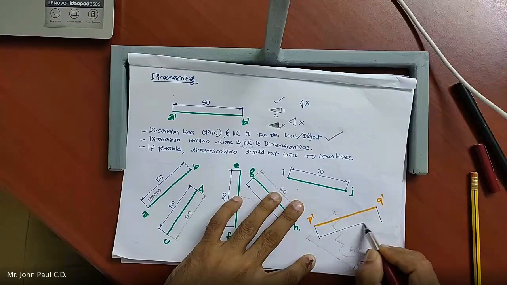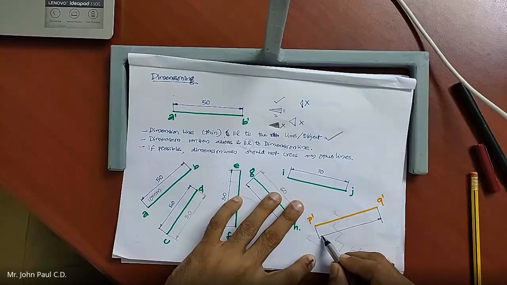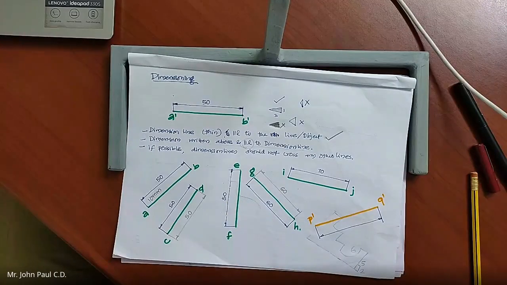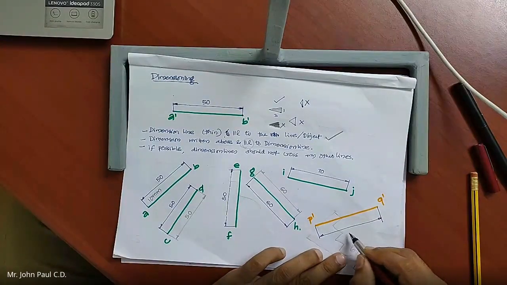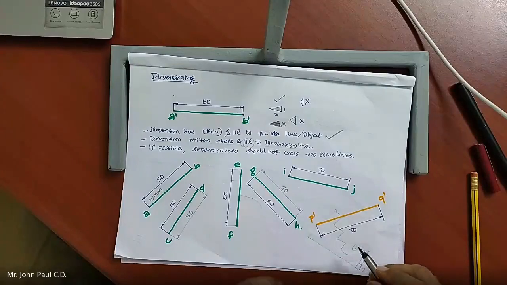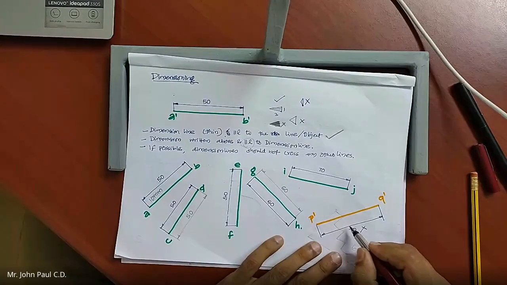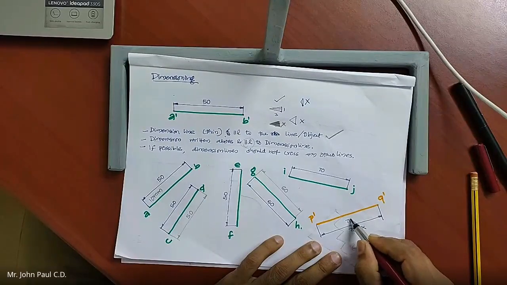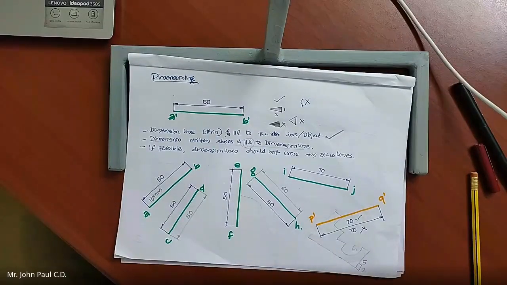I draw the dimension line. Up to here, there is no problem. It is correct. If I mark the dimension here, that is wrong. But if I write 70 here, that is correct. You get me?